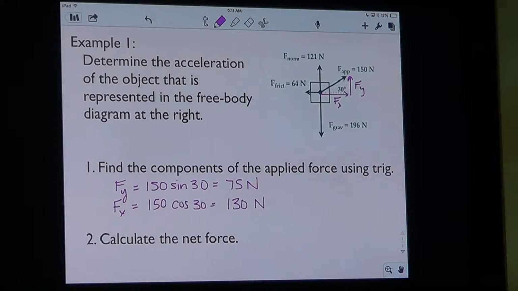Okay, and the next step is going to be then to calculate the net force of the object. So, what do we know about the vertical forces?